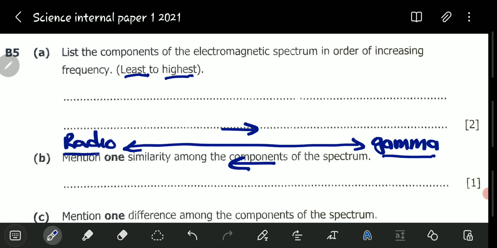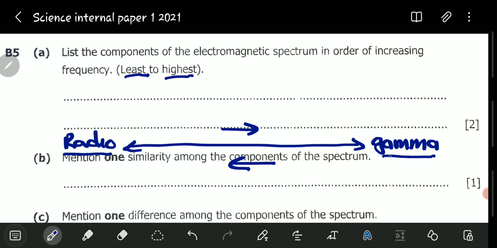However, radio waves are the least energetic. Now, the energy of an electromagnetic wave is dependent on the frequency. The higher the frequency, the higher the energy. The lower the frequency, the lower the energy.